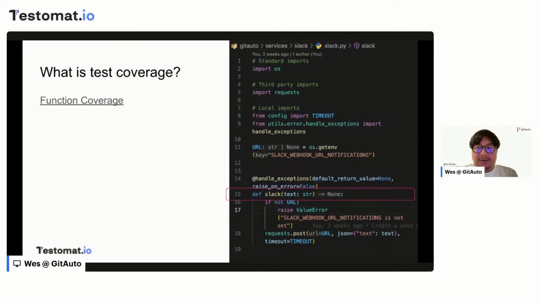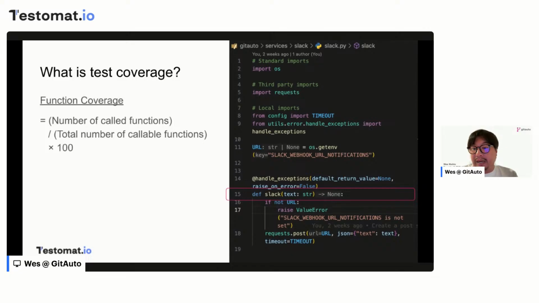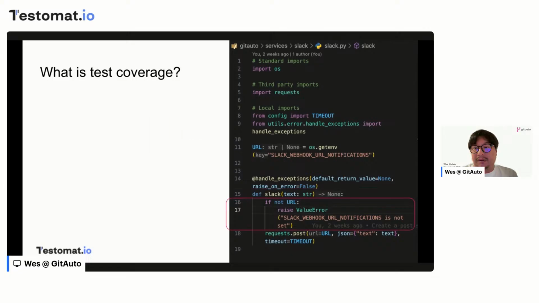Function coverage is much simpler than statements. It counts just one function, one definition in line 15. So if you call this function in your test suite, you have 100% function coverage.